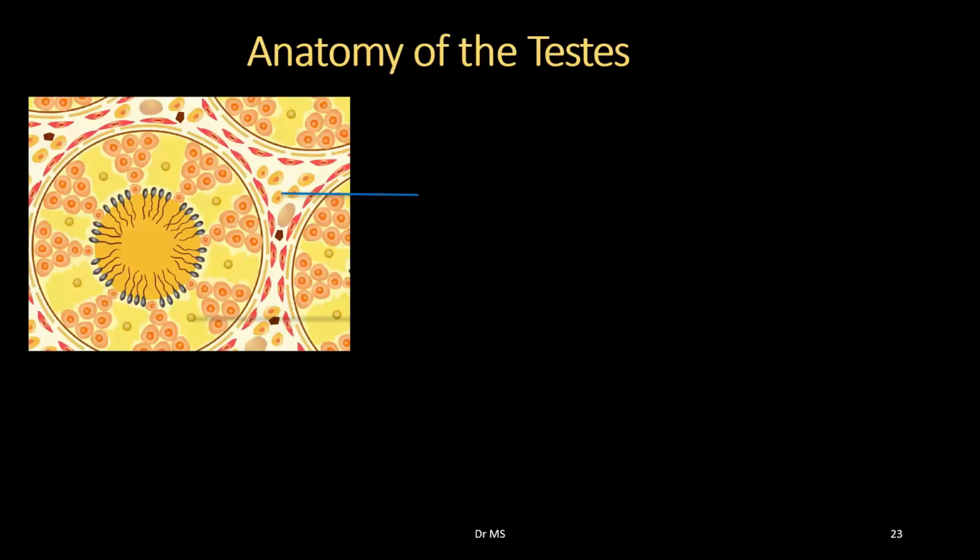So you can see here, this is one seminiferous tubule. This entire thing is the seminiferous tubule. Outside the seminiferous tubule, whatever space is there, we call it the interstitial space. Remember this.